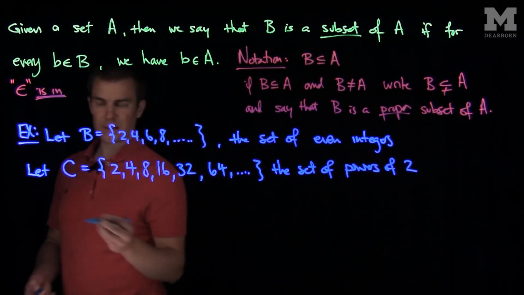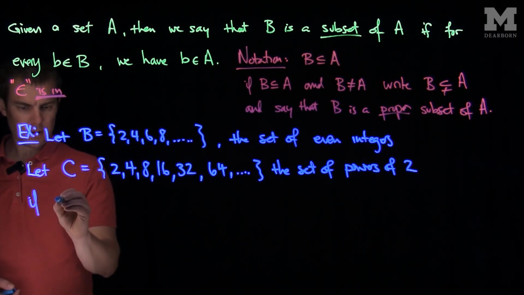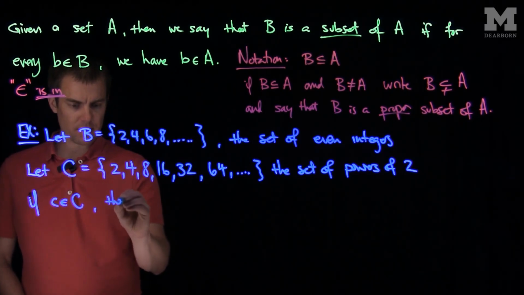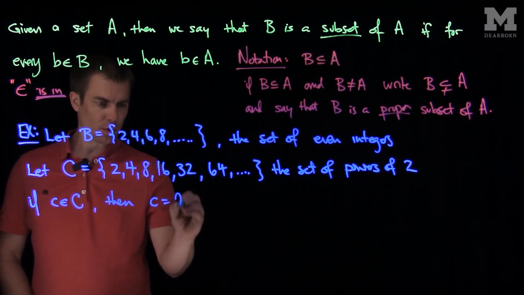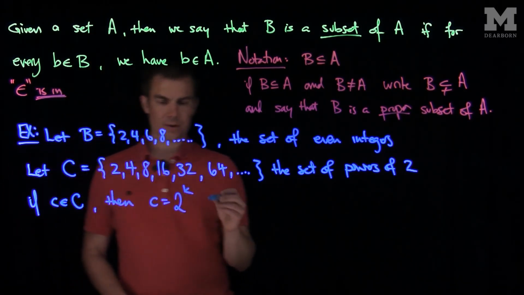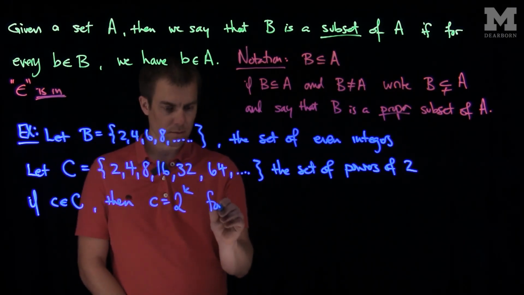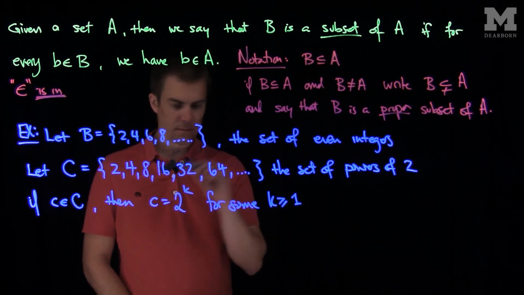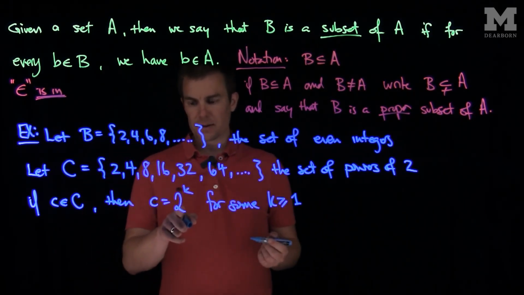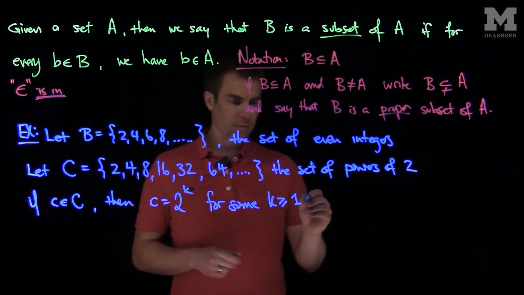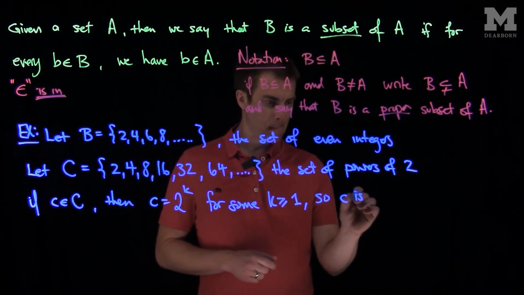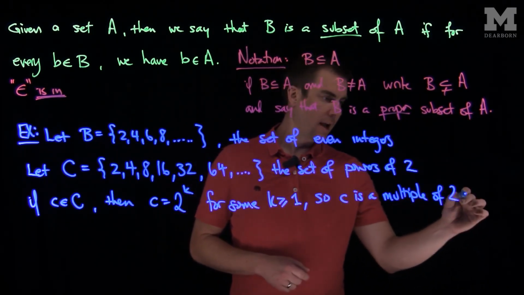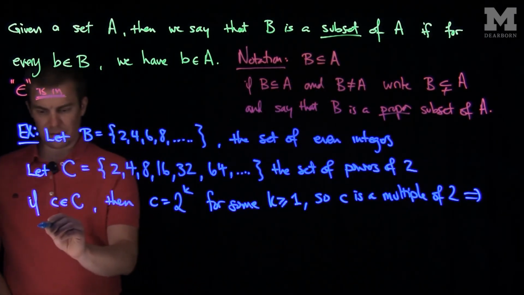Well, it's clear that if little c is in capital C, then c equals 2 to the k for some k greater than or equal to 1. But what that tells us is that c is some multiple of 2. And that implies that c is even.